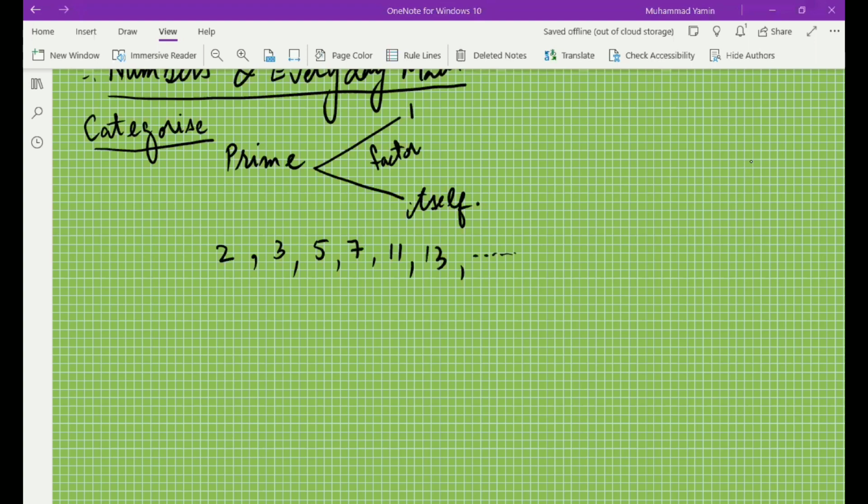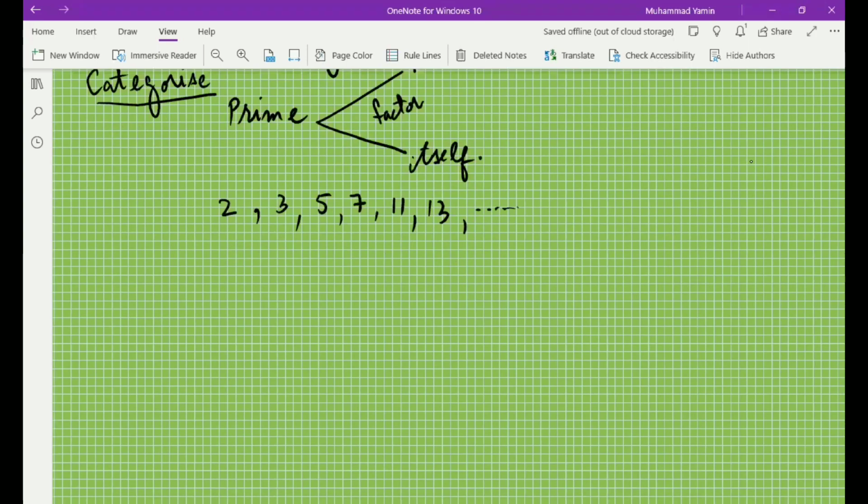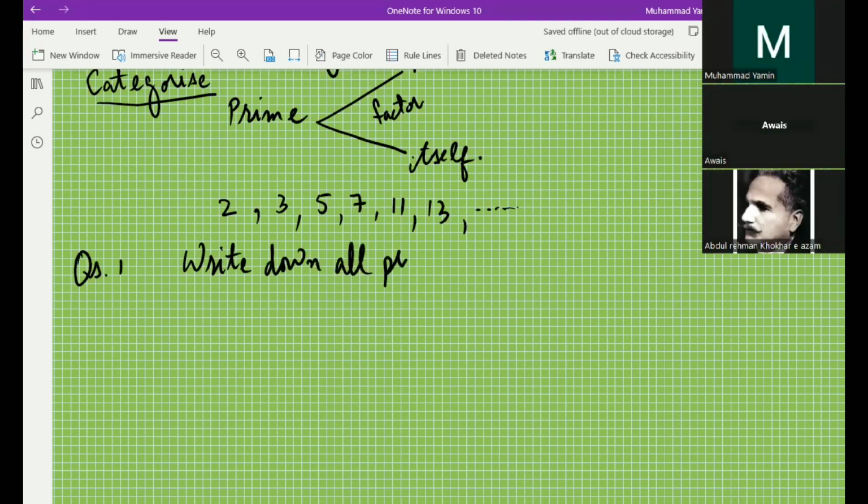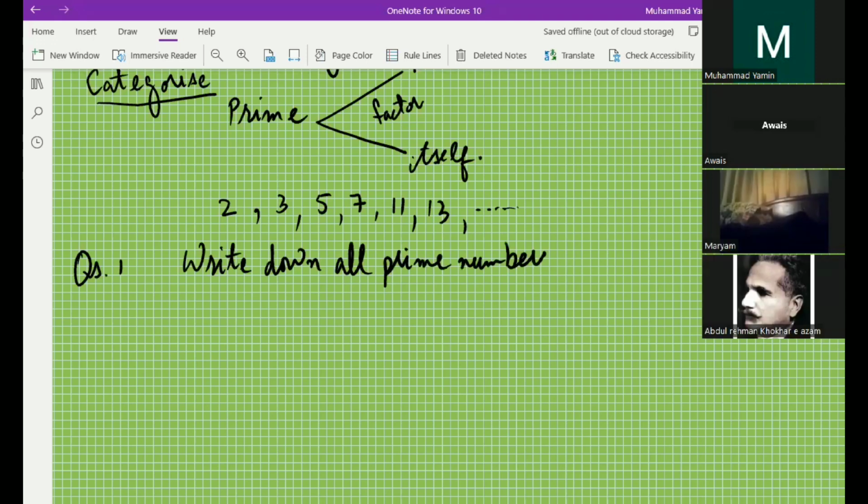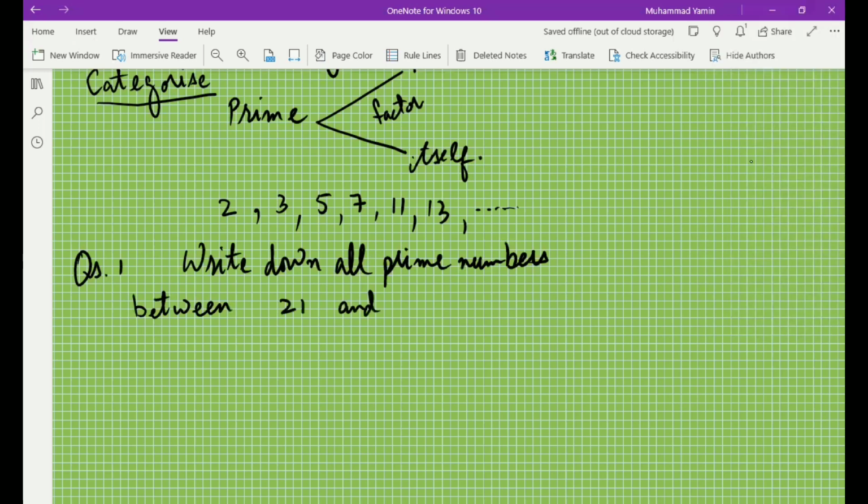So when I said that there are 3 types of questions which can come in relationship with the prime number, the first one is: write down all prime numbers between 21 and 32.